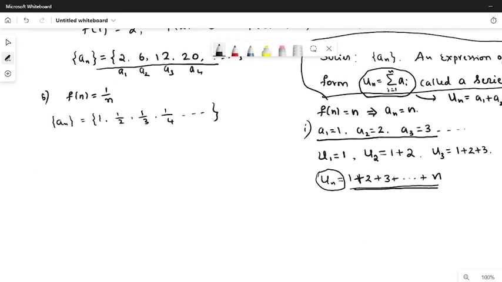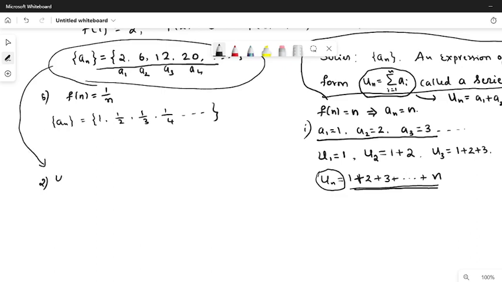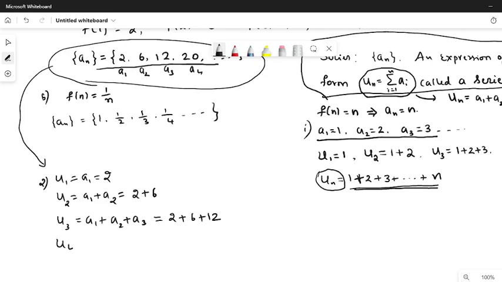Let me take the second example. Here u1 is equal to a1, that is 2. u2 is a1 plus a2, so it is 2 plus 6. u3 is a1 plus a2 plus a3, that is 2 plus 6 plus 12. u4 is a1 plus a2 plus a3 plus a4, that is 2 plus 6 plus 12 plus 20.